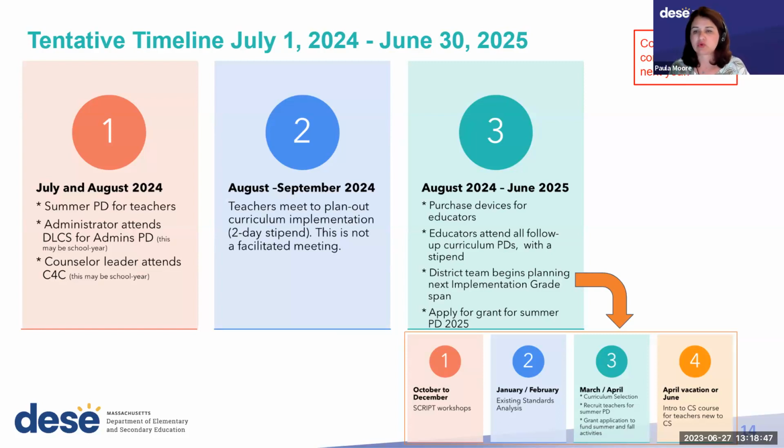We may make this a school year one if it works better with administrator schedules. And then we also recommend that counselors, especially the high school counselors, attend a Counselors for Computing course. It's a very short course, but it provides them with information about computer science and how computer science is accessible to all students.